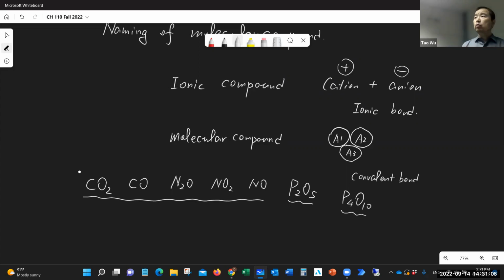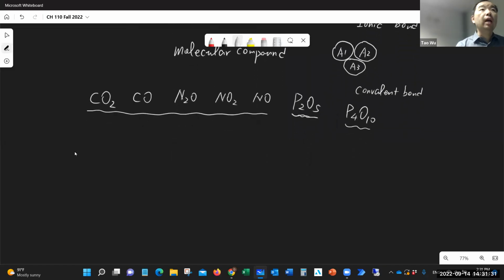Well, if you base it on the rule for the ionic compound, we said the ratio should be a simplified ratio, right? But that's not working for the molecular compound, because for the molecular compound, the number shows exactly how many of those atoms are present in the molecule. P2O5 has 2 phosphorus atoms and 5 oxygens around it.